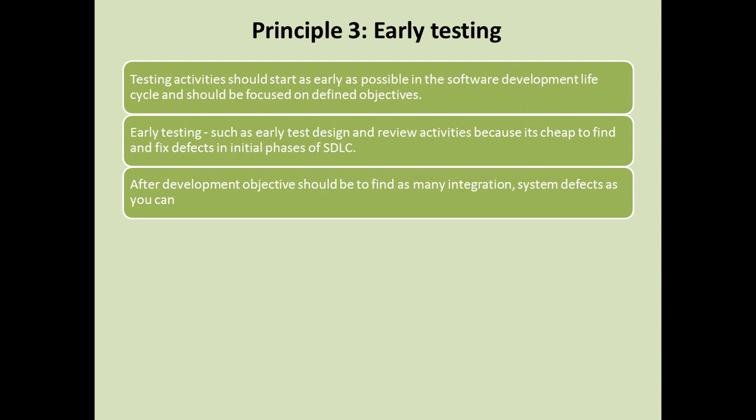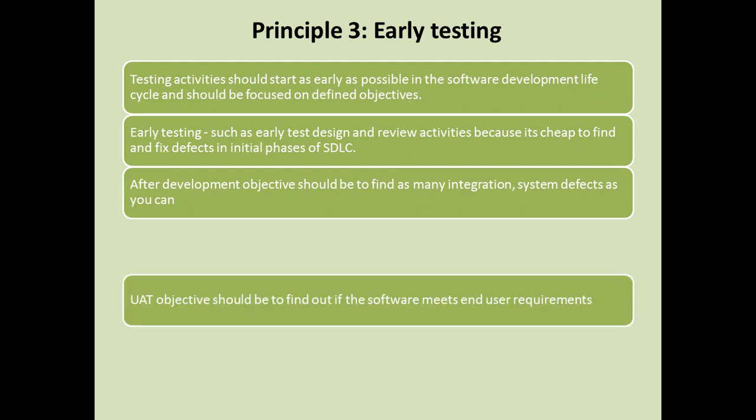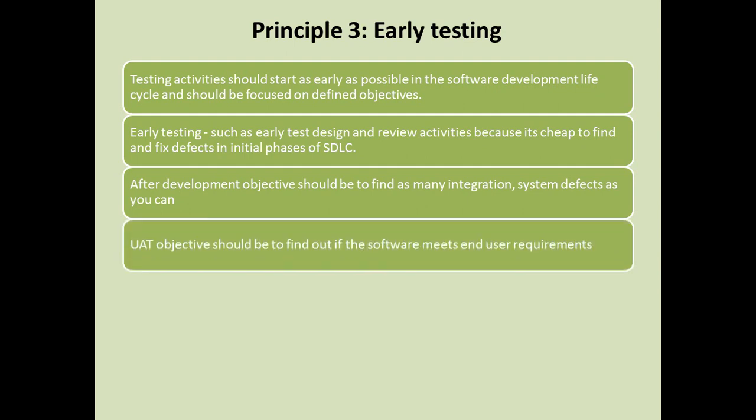And the objective of each phase after development is done should be to find as many integration or system defects as the testers can. The user acceptance testing, or UAT, objective should be to find out if the software meets end user requirements. So these are the defined objectives of different testing phases.